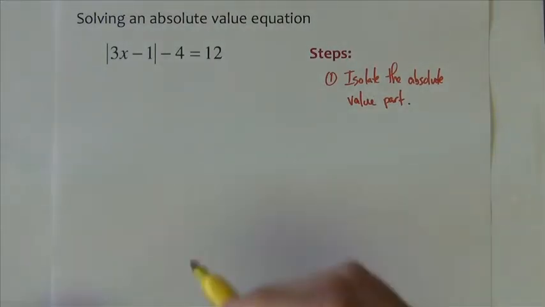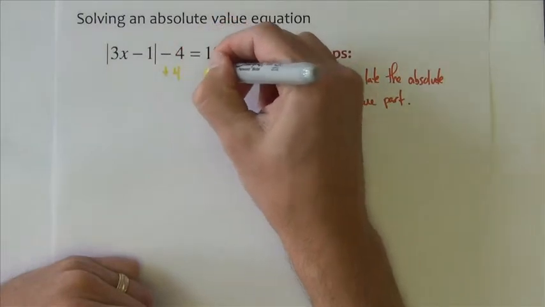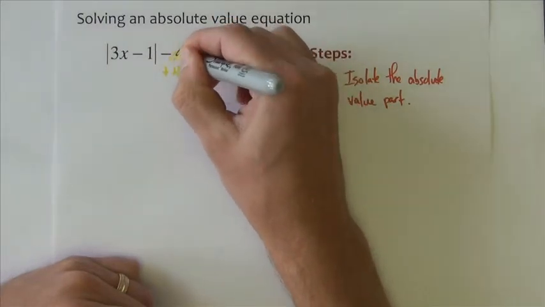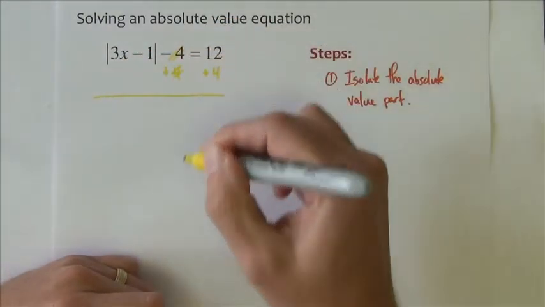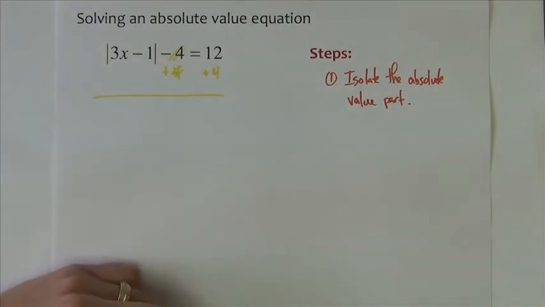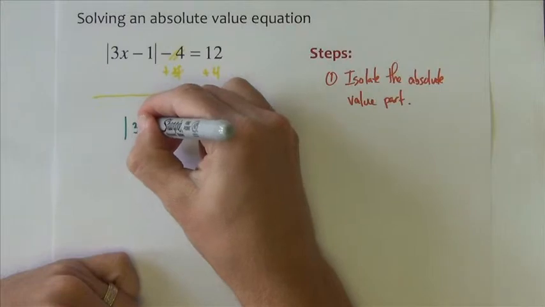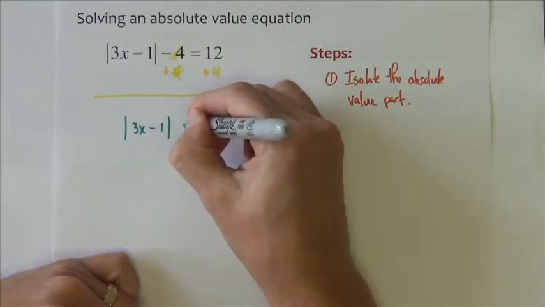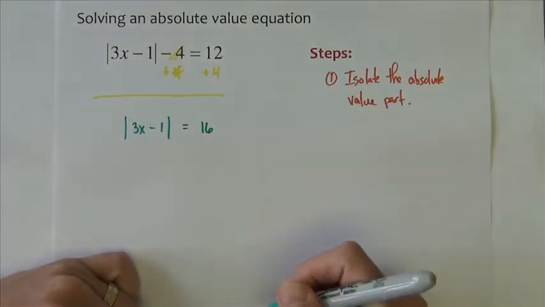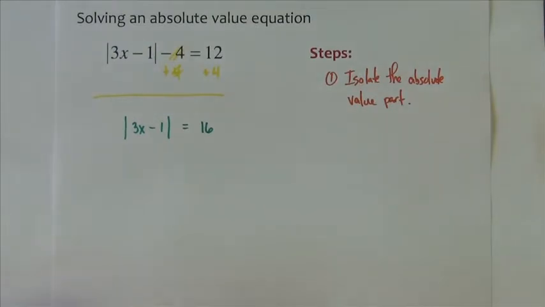Okay, so to do that, I'm going to add 4 to both sides, which will give us absolute value 3x minus 1 equals 16. Okay, that's the first step.